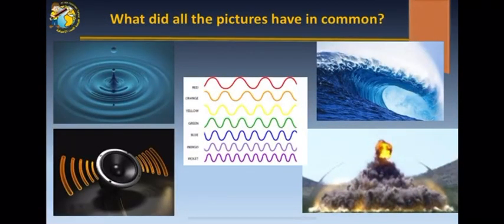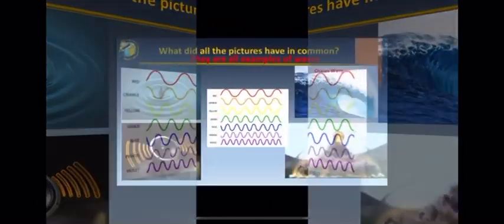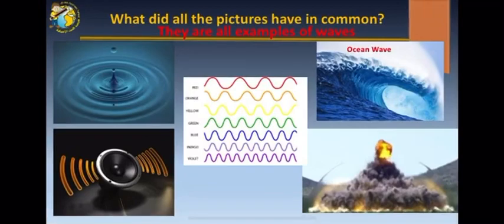Now, there are 5 pictures. What all the pictures have common? Think. There is one thing similar in all of these pictures. And that thing is, they all are some pictures of waves. Different kinds of waves.